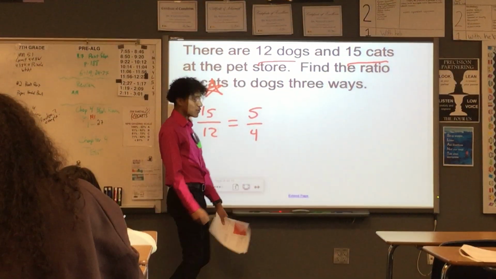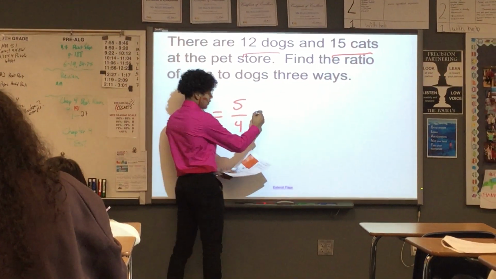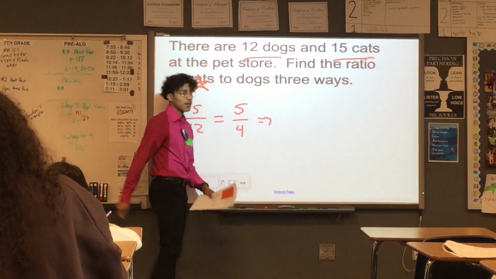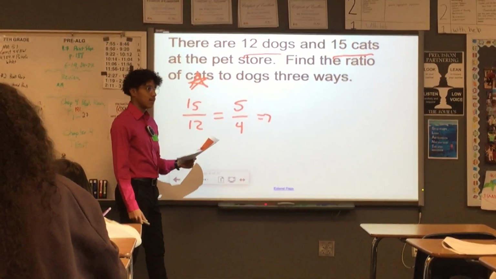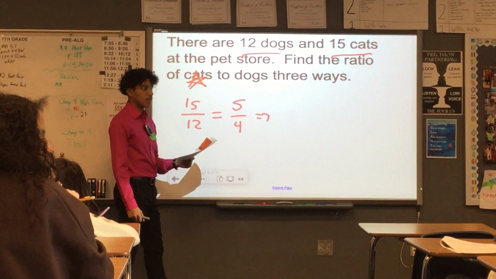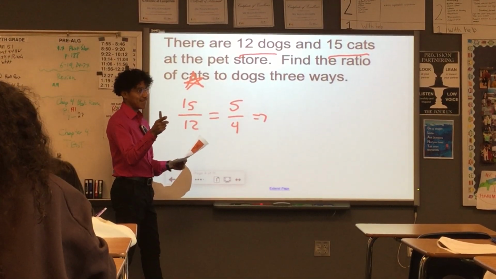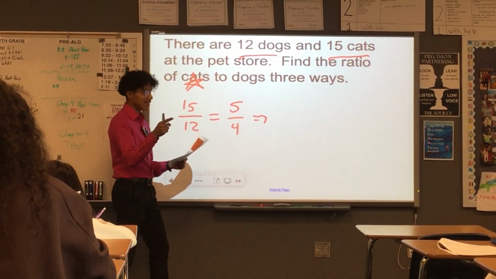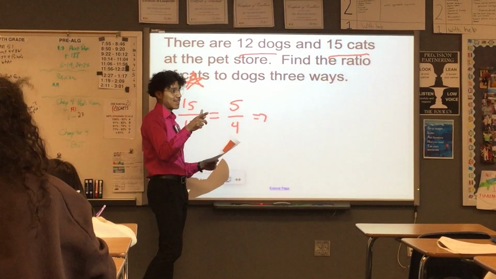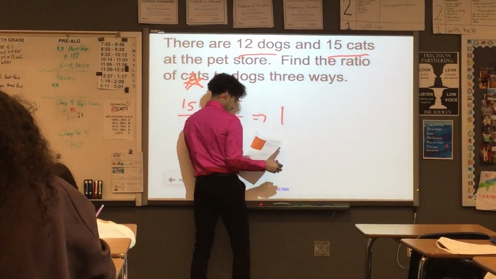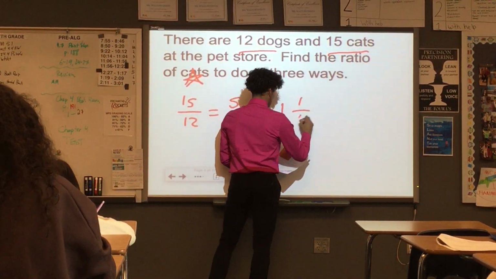But we can also write this as what else? 2.5. 1 and 3/12. 1 and what? 1 and 3/12. But if you simplify it, it could be 1 and 1/4. Yes, 1 and 1/4.